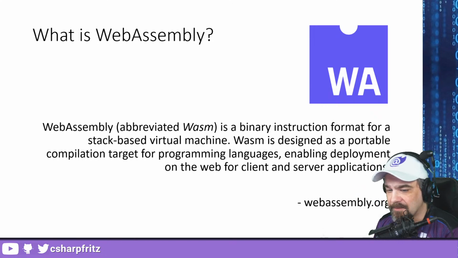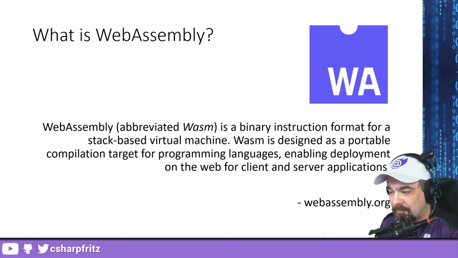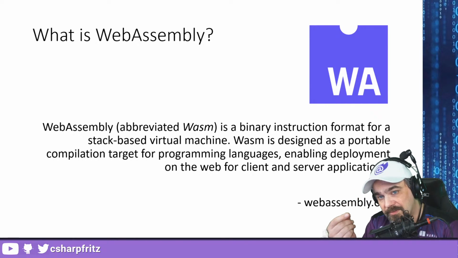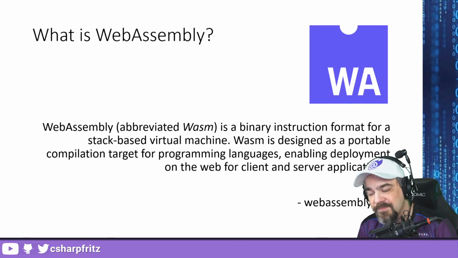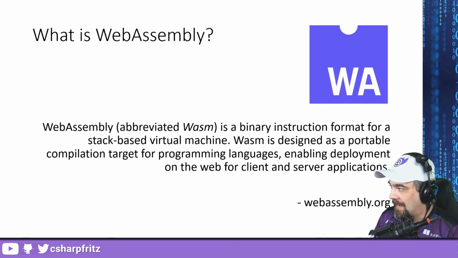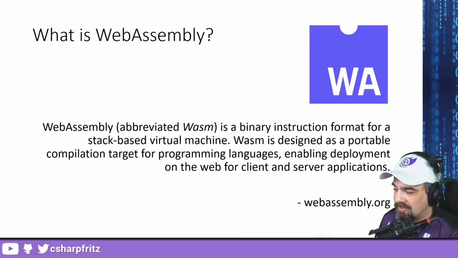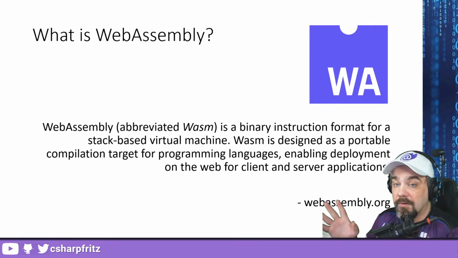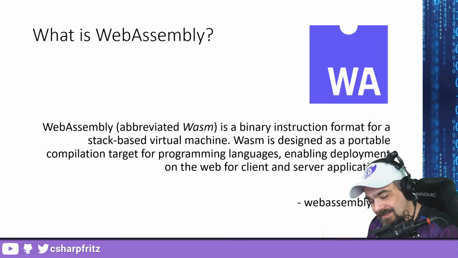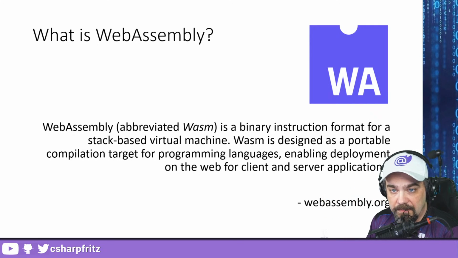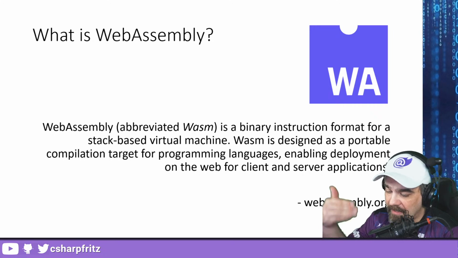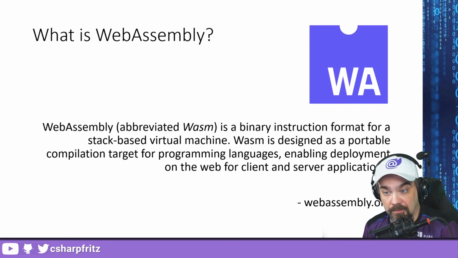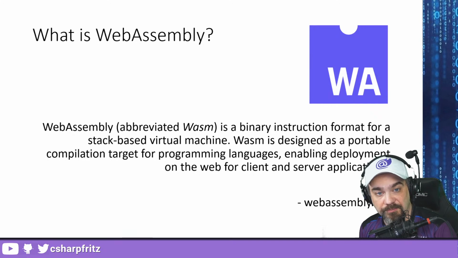Wasm is designed as a portable compilation target for programming languages, which means that it will enable deployment on the web for both client and server applications. That's from webassembly.org. So that means you can build with whatever your favorite language is, compile it down to a binary that we call WebAssembly, and deploy it and run it inside the browser using the browser's virtual machine.